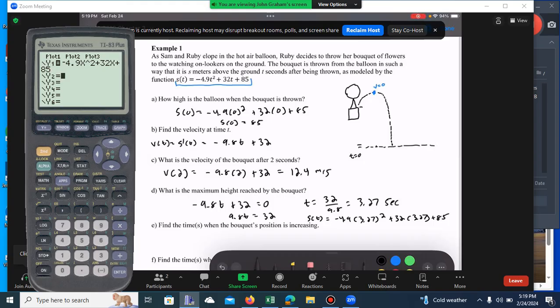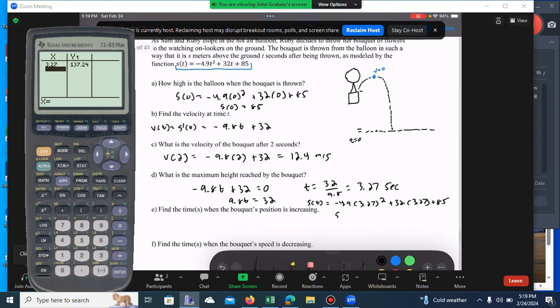Now we'll go to our table and type in 27. You get 137.24 meters.